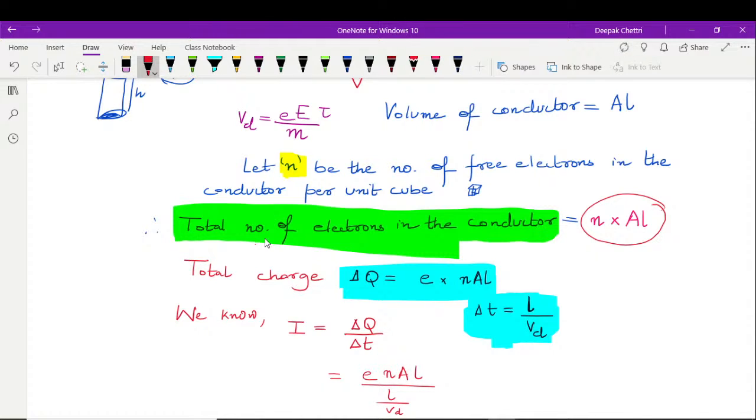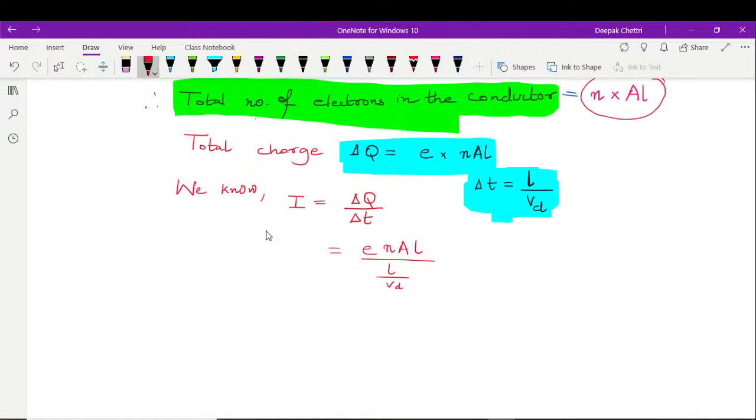Now this v d will go up here, so I will get E n a l v d divided by L. This L will cancel out with this L, and my answer is E n a v d. So this is the formula for the current.